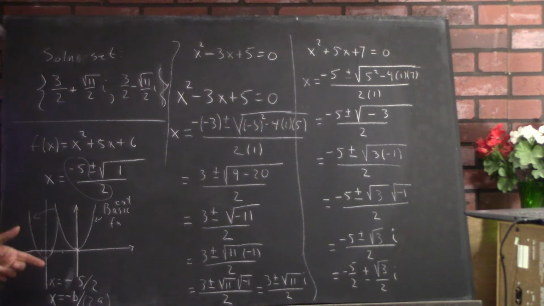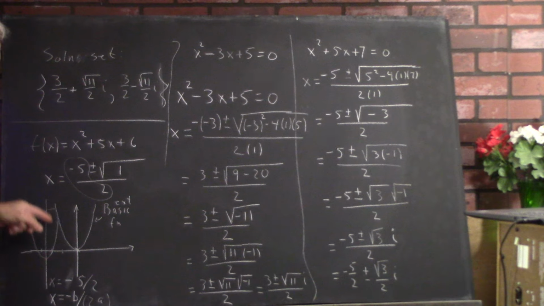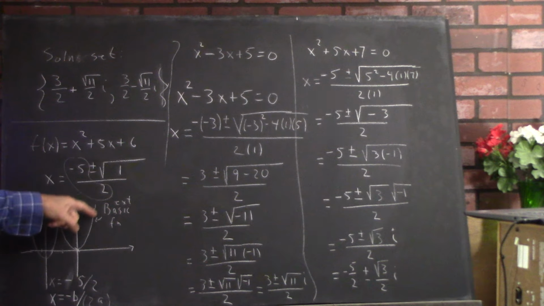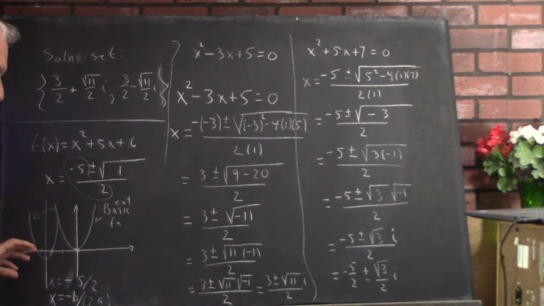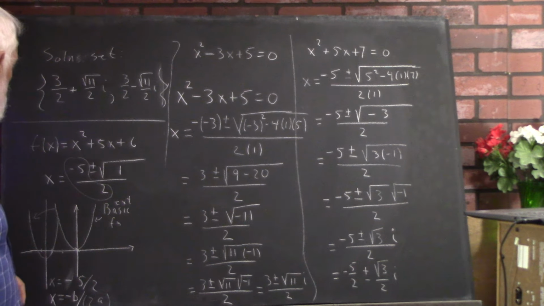But an important aspect of the graph of a quadratic function, okay, a quadratic function always gives you a parabolic graph. So you can think of this as taking your basic function graph and moving it somewhere and maybe stretching it.